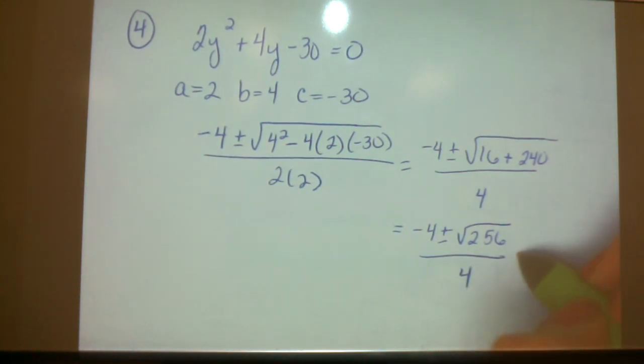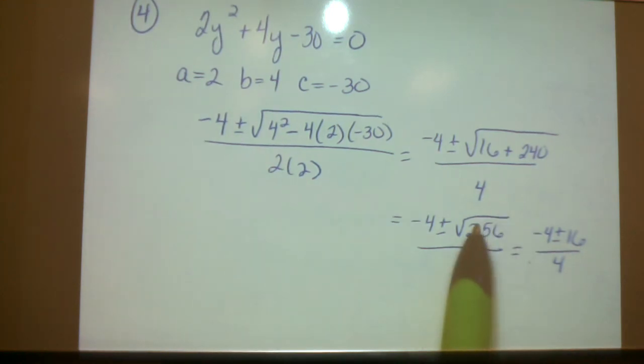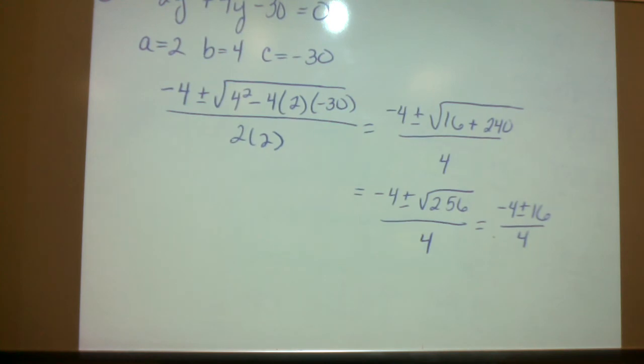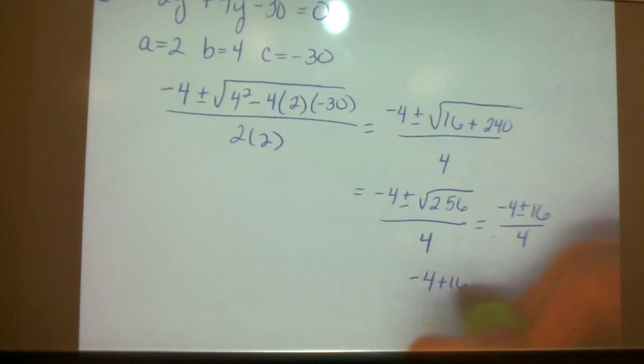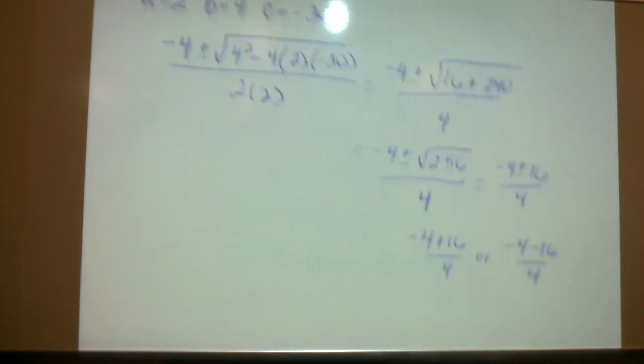Okay, so the square root of 256, that's giving us 16. Now 256 is a perfect square, so I knew I was going to get two rational solutions. So I've got negative 4 plus 16 over 4, or negative 4 minus 16 over 4.